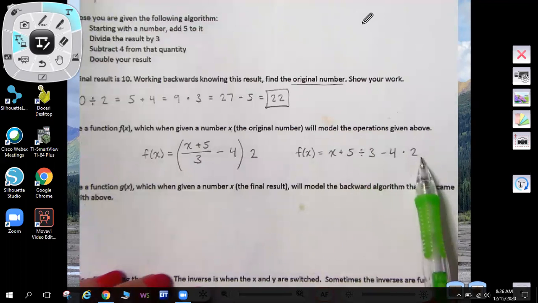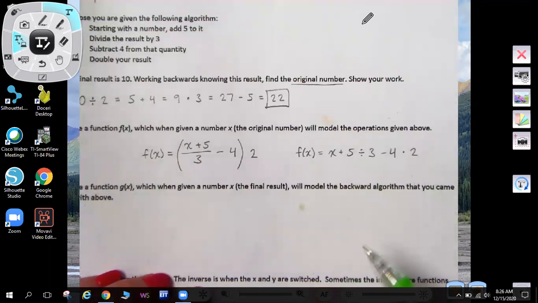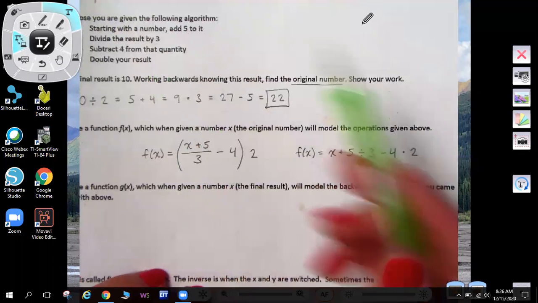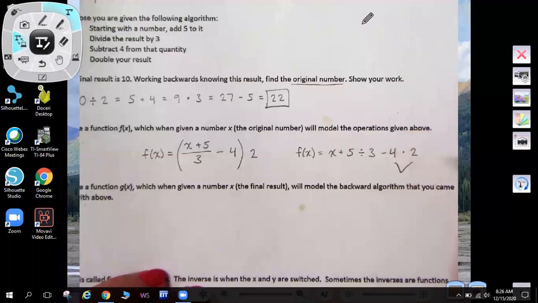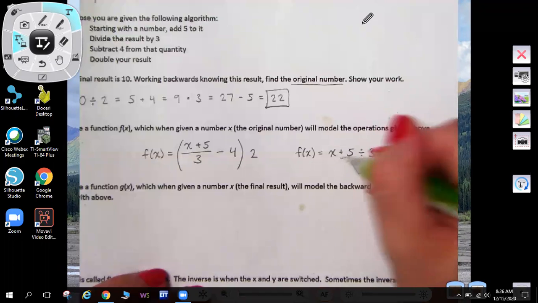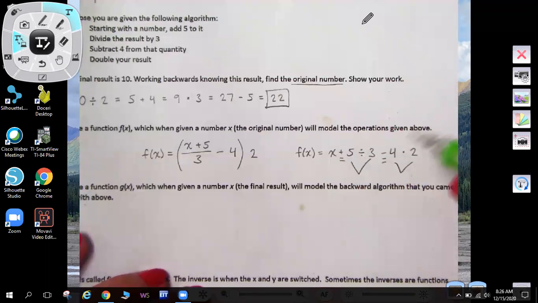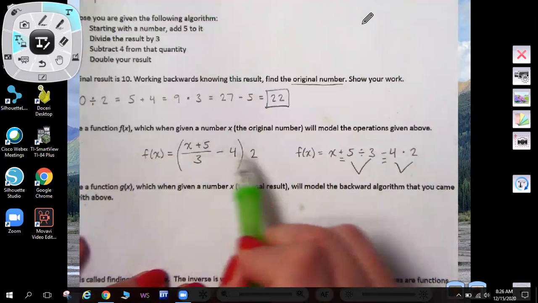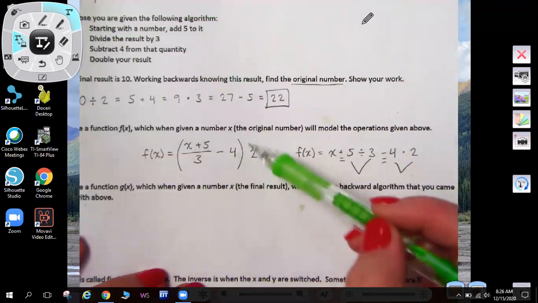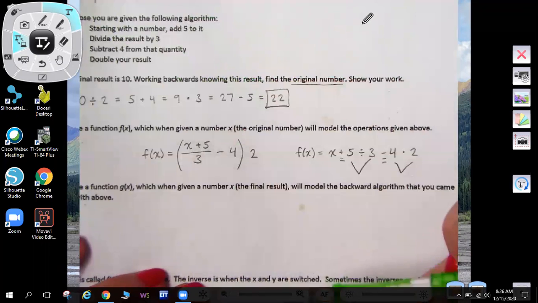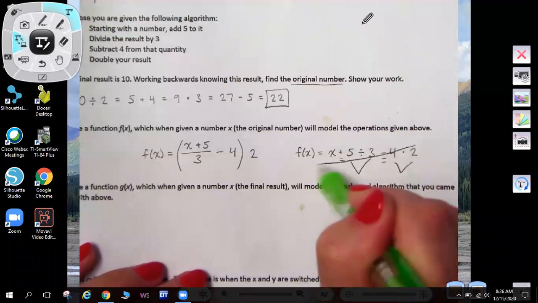Because this function, if you follow the order of operations, is not going to represent the algorithm that we were given. If you follow the order of operations, you're going to multiply 4 times 2, you're going to divide 5 divided by 3 before you do this addition and subtraction. And that's not what our algorithm tells us to do. So you have to write your function in such a way that when someone works it using the order of operations, it gets done in the same order that our algorithm says for it to. So this is incorrect.